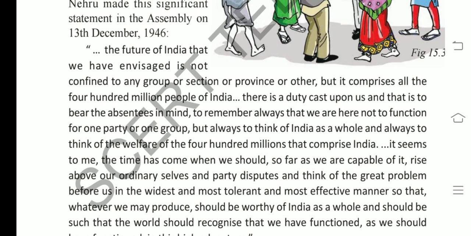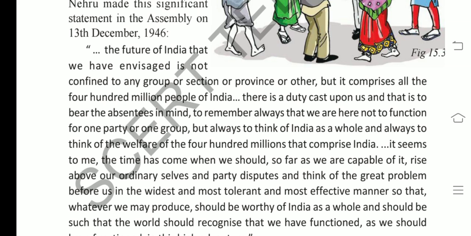The members of the Constituent Assembly should not act in a partisan manner. The constitution prepared by the Constituent Assembly should not be confined to any one particular group. It means it should not benefit only one particular caste or one particular region's people or one particular group.